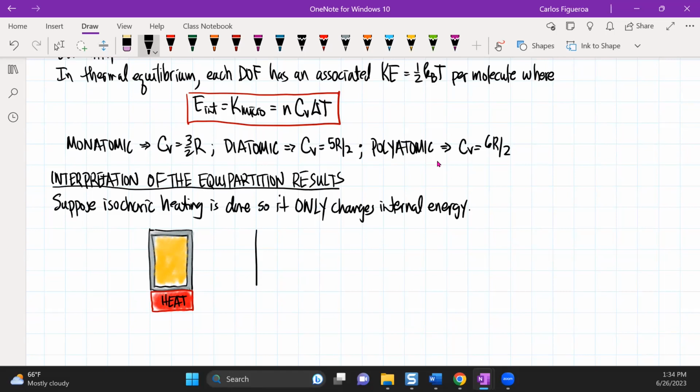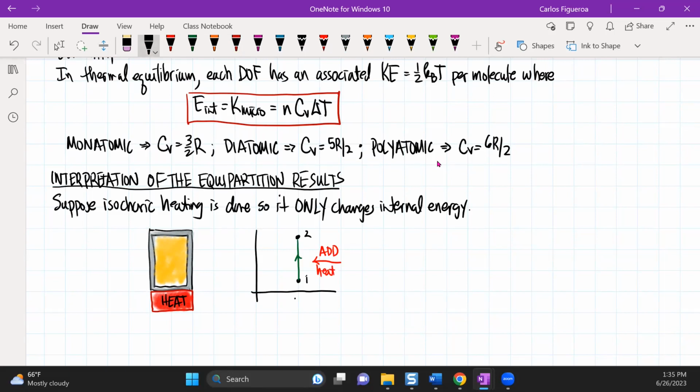Here's my graph. If I think about constant volume heating, then this moves from state 1 to state 2. I'm going to add heat in this process.